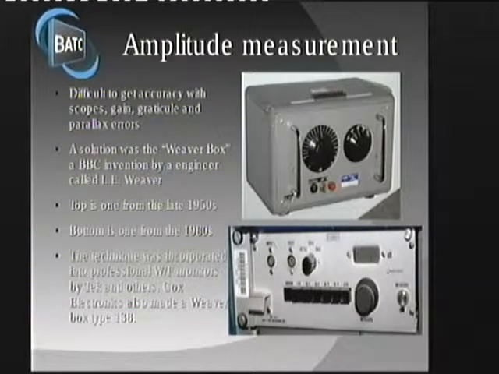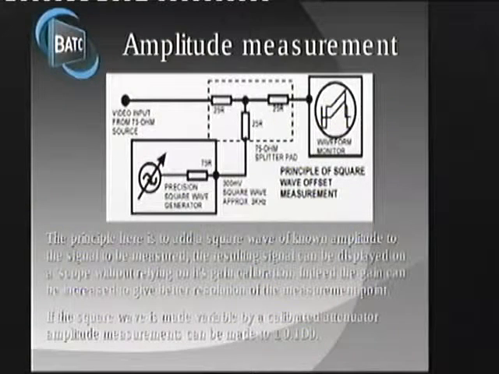It had buttons. I've still got the original prototype. And you can select the size of the waveform you want to measure. So there's a volt, 0.7, 0.3, and those two are the colour bar amplitudes. And I can't quite read what the N one says. I'm sure it does something useful.